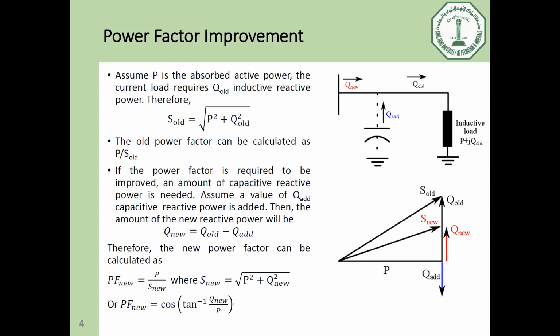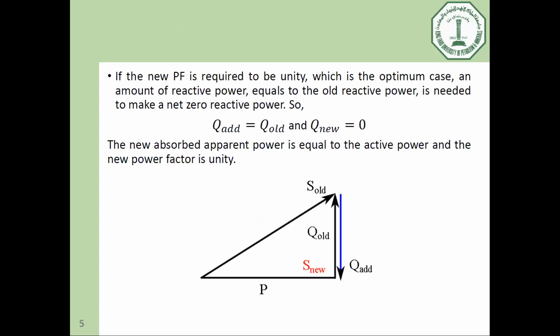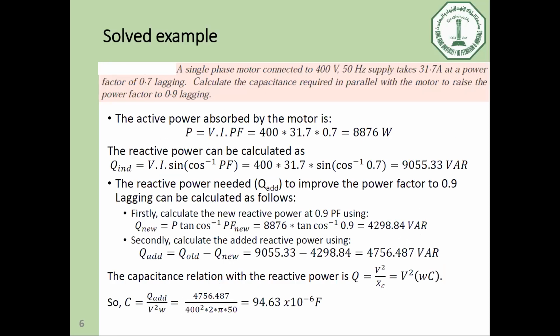Doctor, is Q added always positive? Again, positive or negative is a relative matter. The important thing is to understand the meaning. We said in numbers here in this problem the amount of absorbed reactive power for the first case was 9 kilovar, and we said the capacitor will supply 4.7 kilovar.